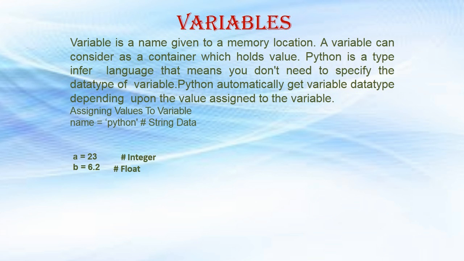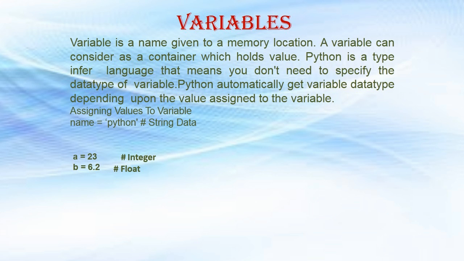Similarly, when we declare any variable, a memory location is assigned to that variable. Basically, a variable is a memory location, and for a variable like a equals 23, there is a memory location with a name. That memory location is identified with the name a, and the value is 23, right?